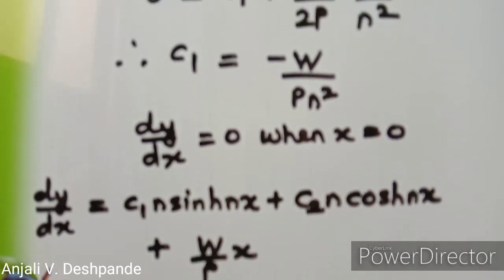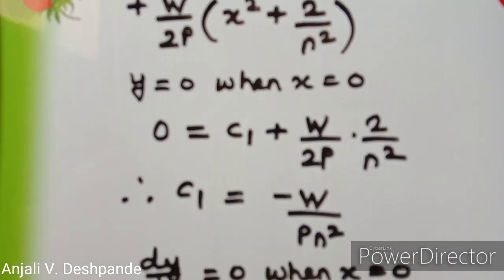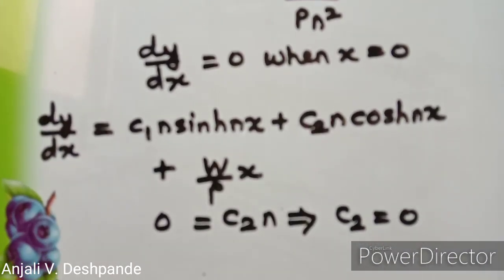So we have got the value of C1 as minus W upon p n square and C2 as 0. We are now going to substitute all this in the answer which we had obtained and write the final answer.